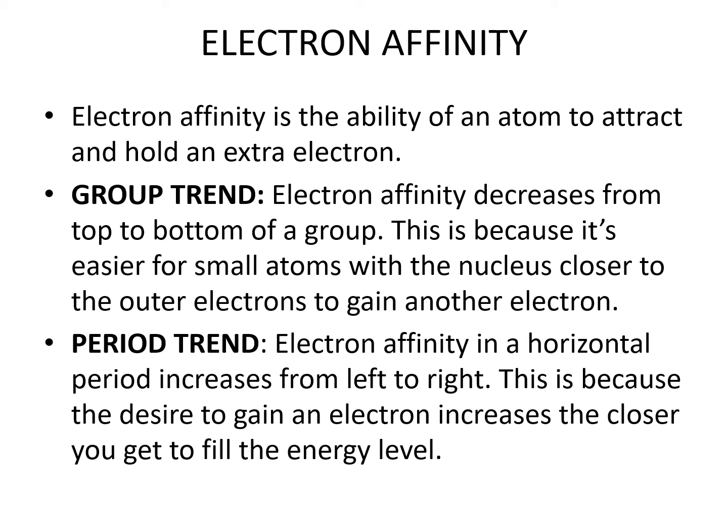Period-wise, electron affinity increases from left to right. This is because the desire to gain an electron increases the closer you get to filling the energy level, and hence period-wise electron affinity increases from left to right.